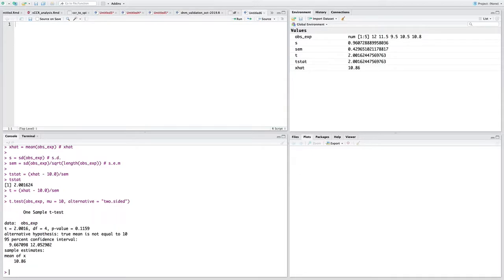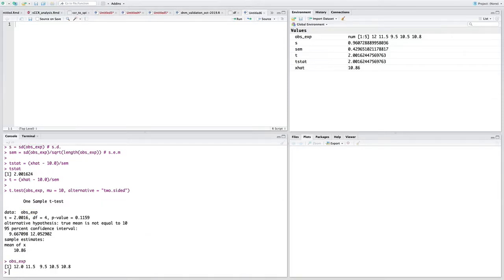And what's cool is R just gives you this, well, not terribly computer-friendly, but human-friendly output, which says you just ran a 1-sample t-test. The data that you gave me are found in this variable, which again is just our observed expression values.